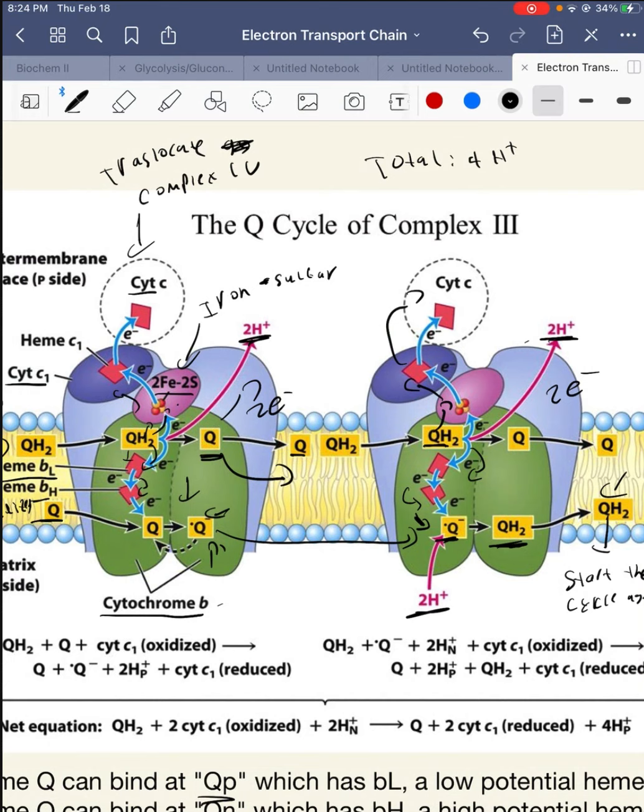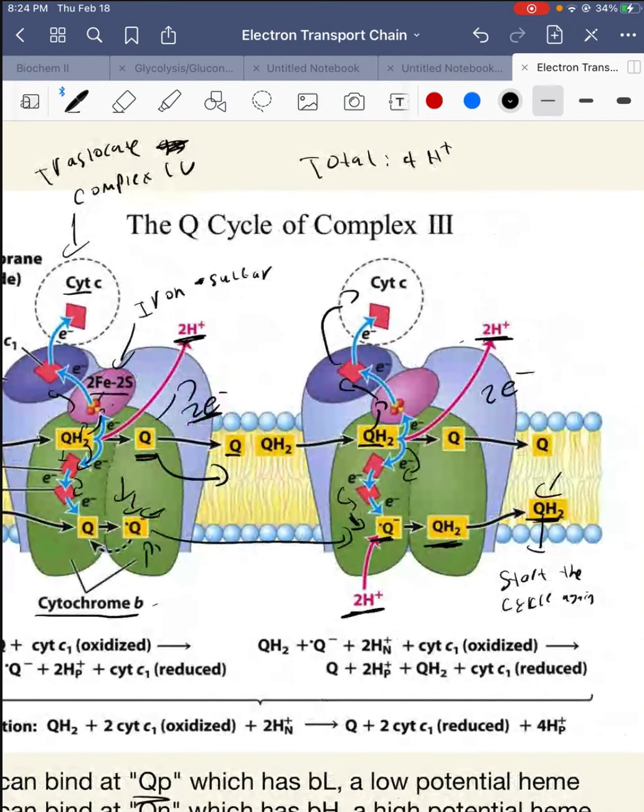And then the other remaining 2 electrons get added to oxidized coenzyme Q one at a time, and then you'll eventually get a reduced coenzyme Q that can start the reaction again. So two of our electrons are transferred, and the other 2 just start the reaction again.